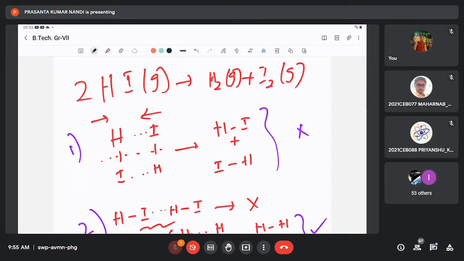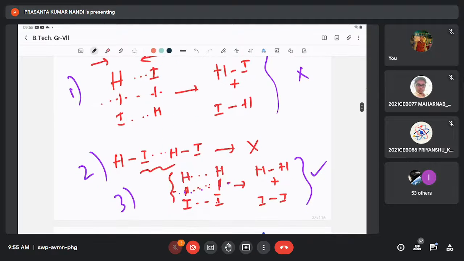If you look at the nature of collision of two HI molecules, in the first case, this orientation, a lateral collision like this, will not give you the decomposed products H2 and I2.